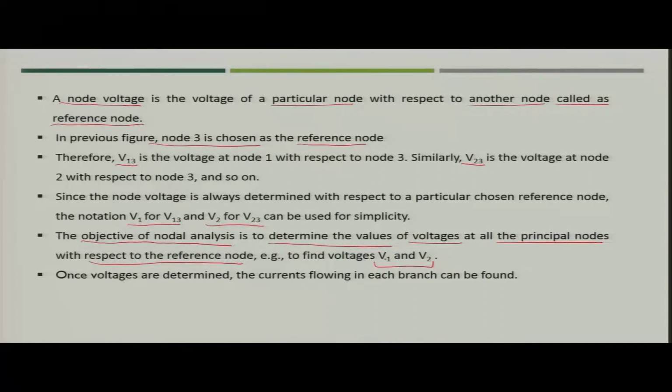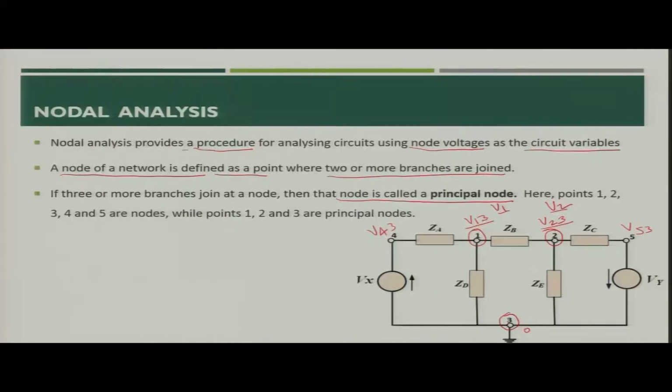When we get these values V1 and V2, we can determine the currents flowing in each branch. So, if you are able to find the values of V1 and V2, you can simply find out the value of V4. Here V43 can be written as V4 and V53 can be written as V5.